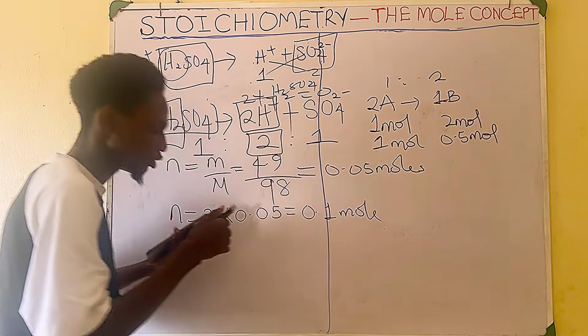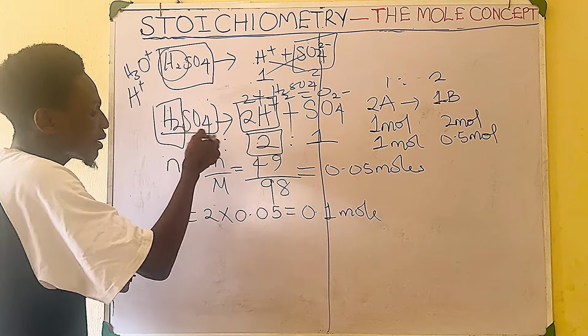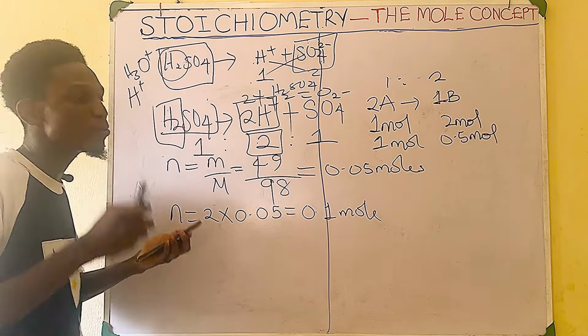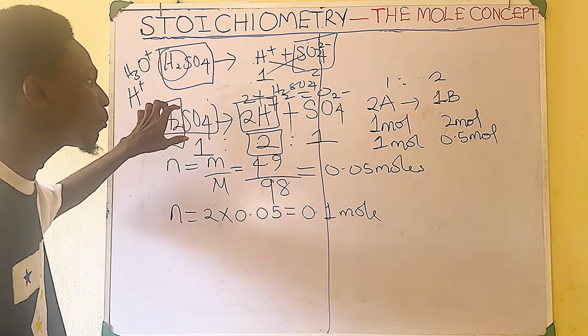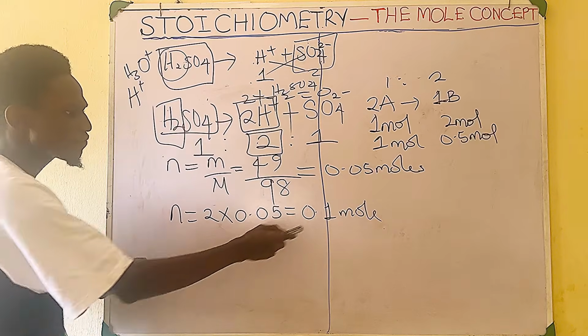So the number of moles here is going to be 2 times 0.05, which gives you 0.1 mole. So according to stoichiometry, you can get number of moles from the balanced stoichiometric reaction. Hope you get it. So we have 0.1 mole.